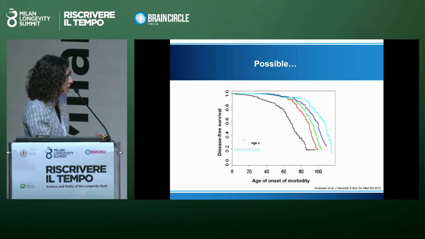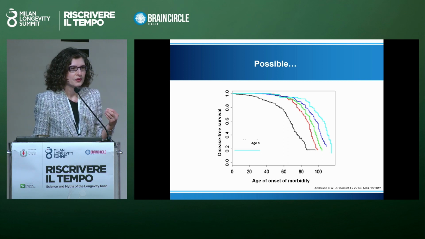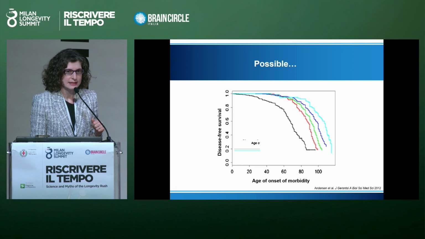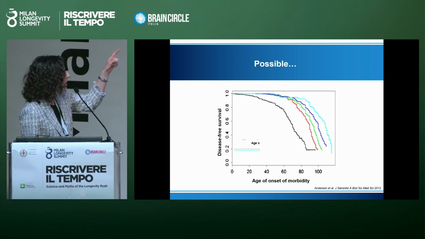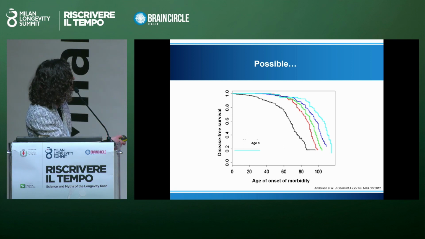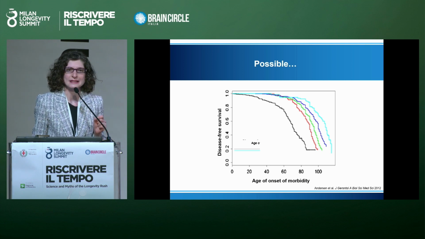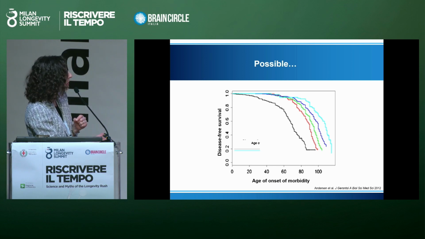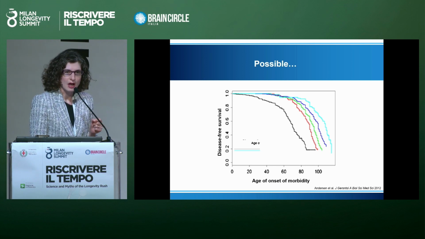And what I'm showing you here are disease-free survival curves, which means how long did people live without developing any age-related diseases. The last line, the blue line right there, are people who live to age 110 or older, and the black line are people with average lives.